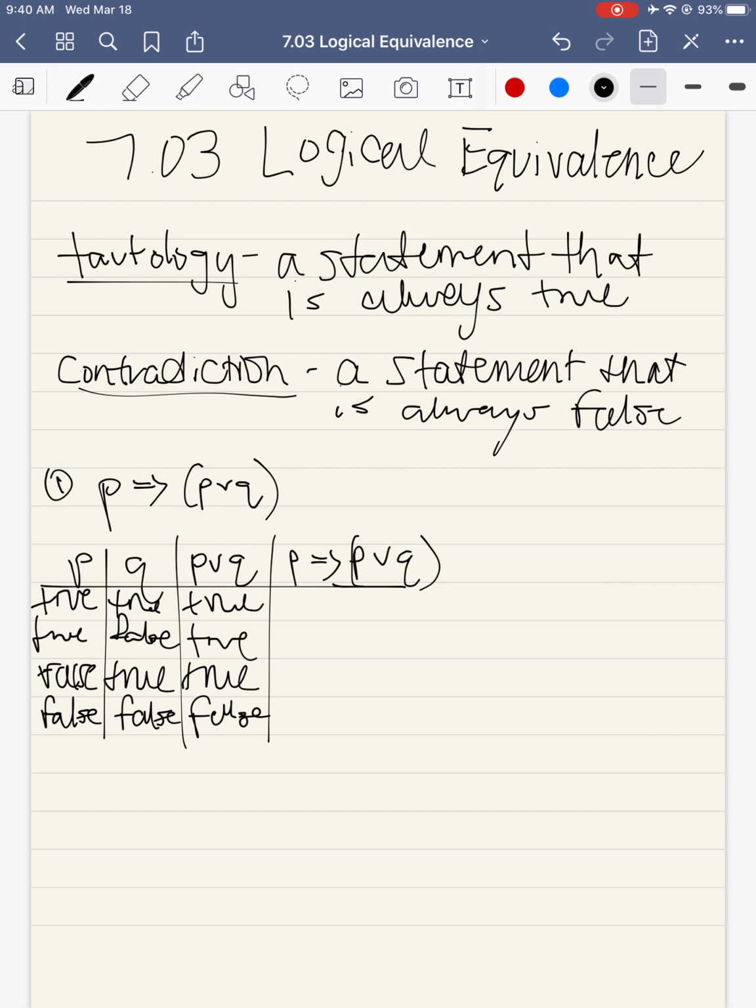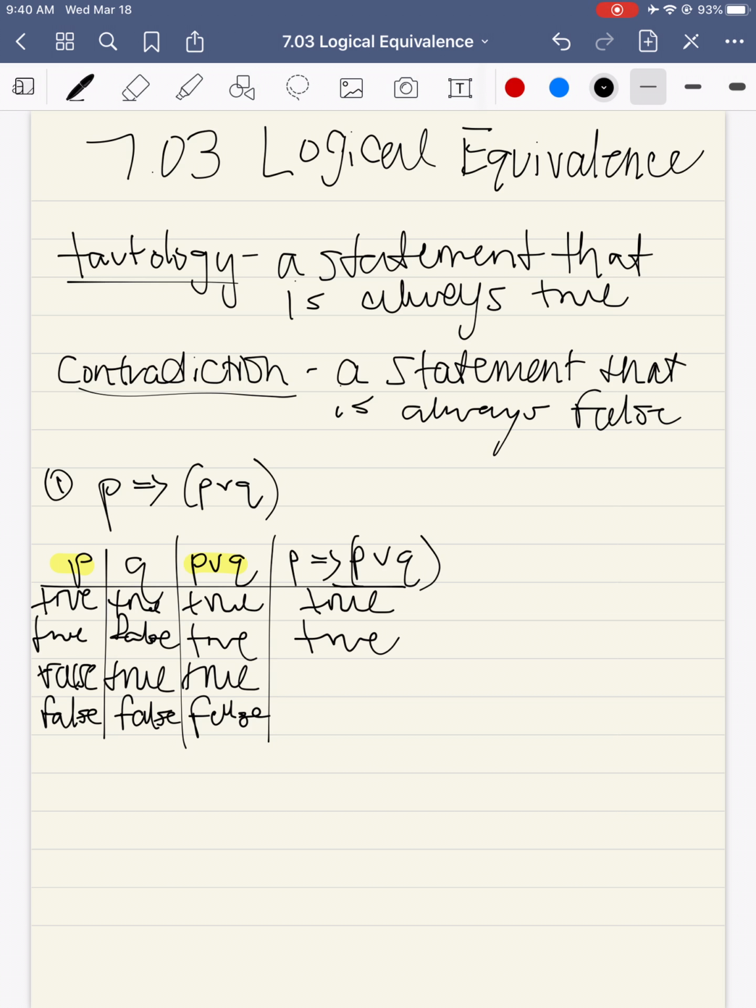And then again, we have P implies Q. So we're going to take a look at this column here and this column here. And to refresh ourselves, implies is only false when we have true implies false. So taking a look at this, we have true implies true, so that is true. True implies true, that is also true.